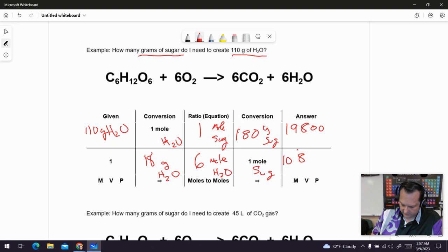So 19,800 divided by 108, and I get 183.3, that's repeating, and that is grams of C6H12O6.